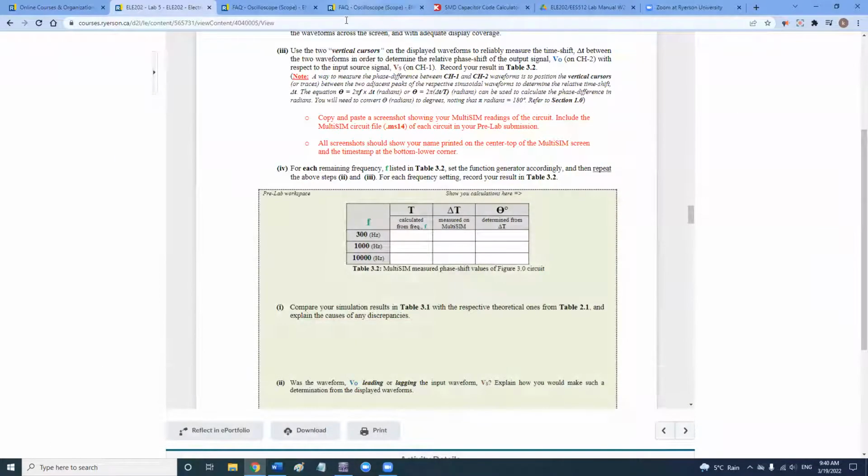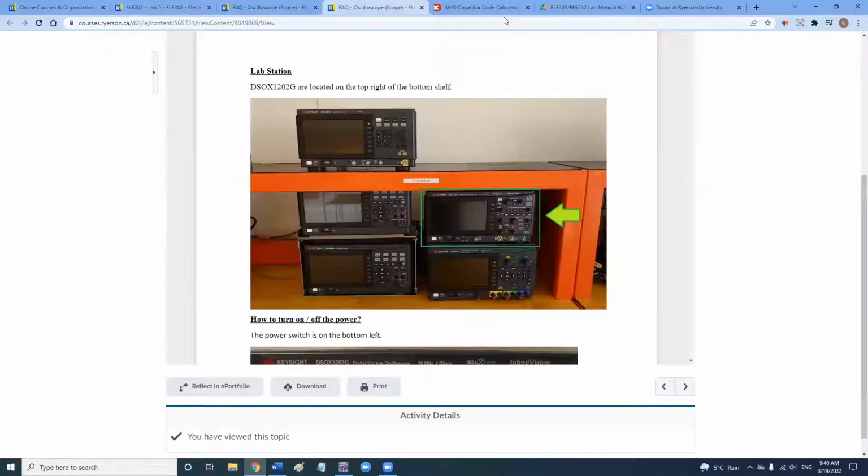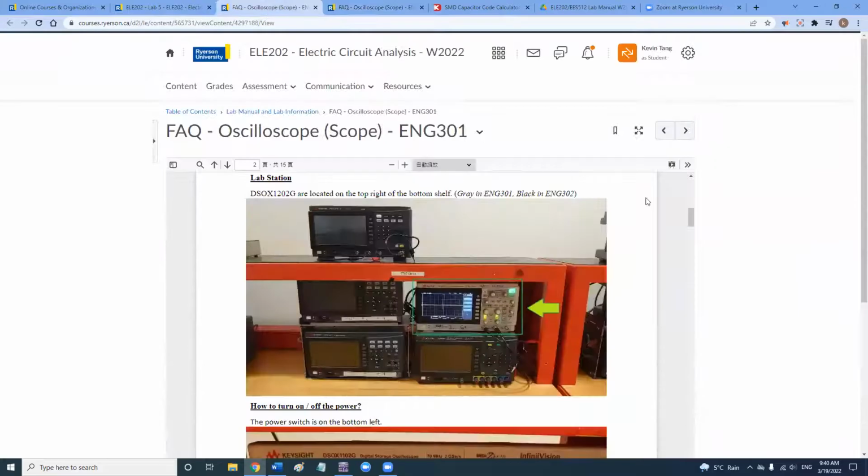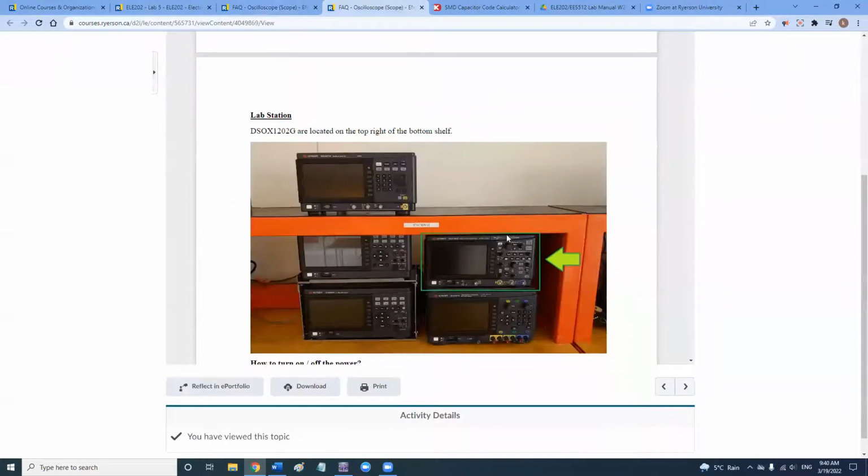Okay, so now let's go to the in-person part. Just want to make sure you guys know it. If you've been assigned to ENG301, you will be using this kind of scope. If you've been assigned to ENG302, you will be using this scope. They are very similar. So now let's see how to build it when you actually get to the lab.